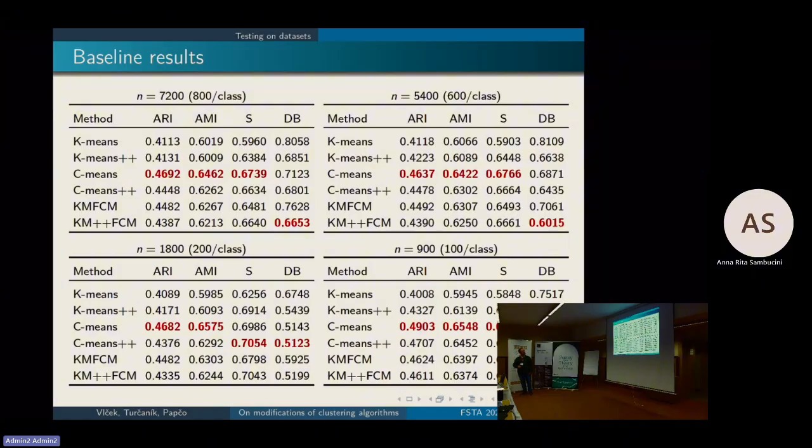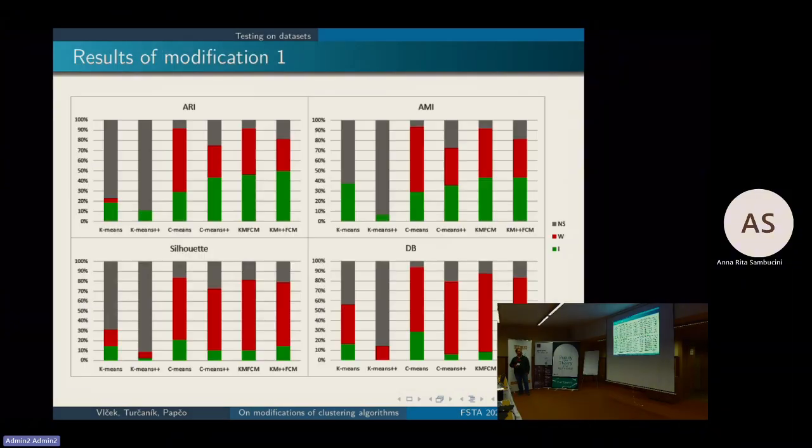This is the baseline results. I will speak very shortly about them because more you can see in the accompanying papers, which will be published maybe later. The winner is K-means in most cases, and K-means++. Sometimes the hybrid gave very bad results on this dataset, so there were maybe overlaps between classes.